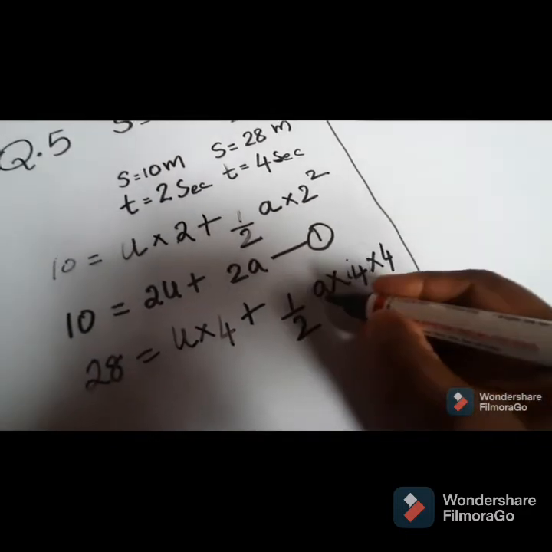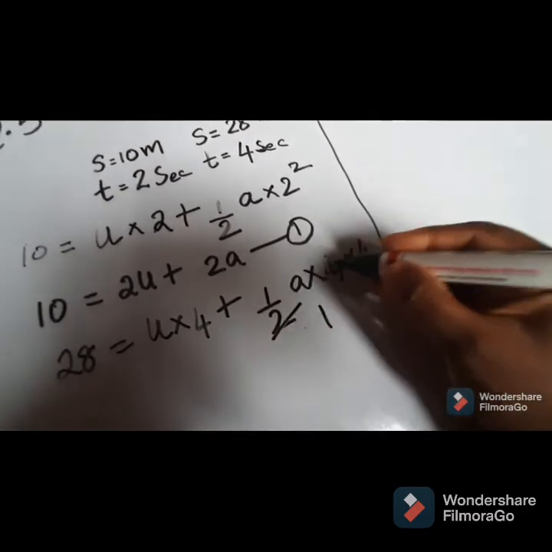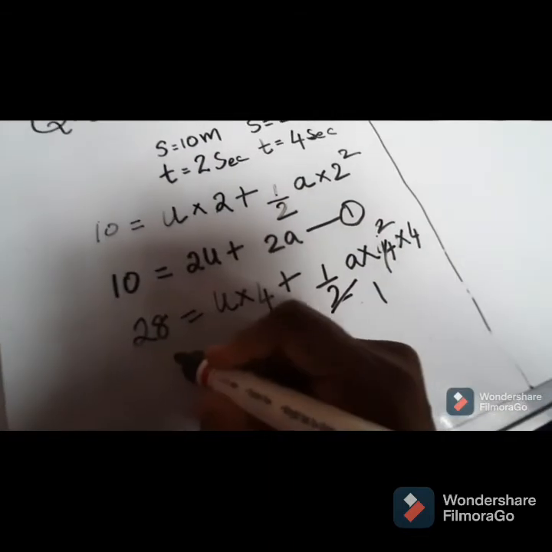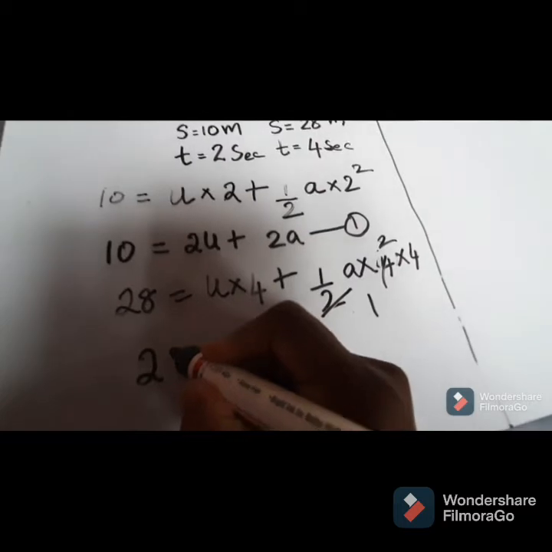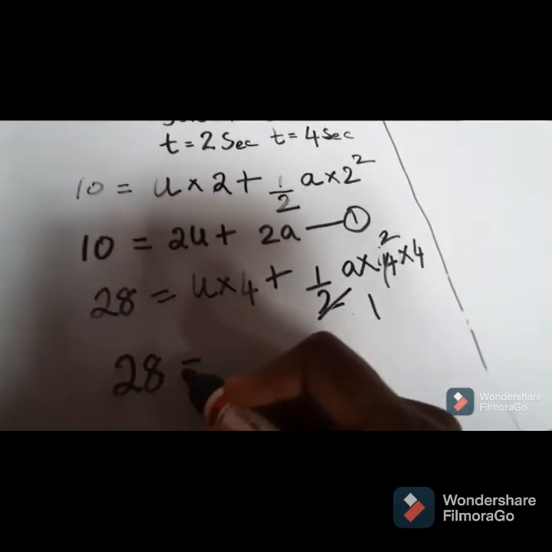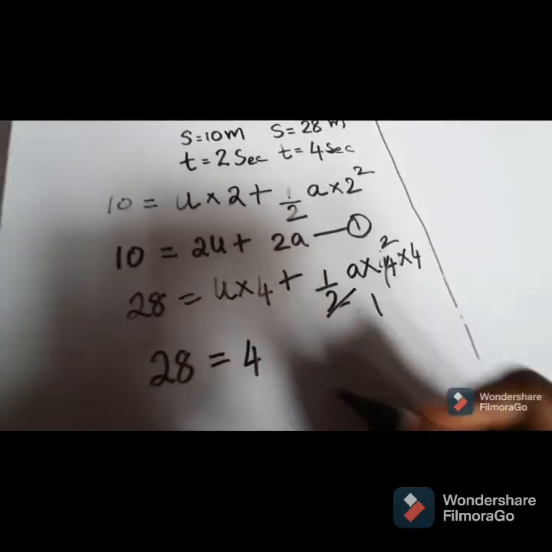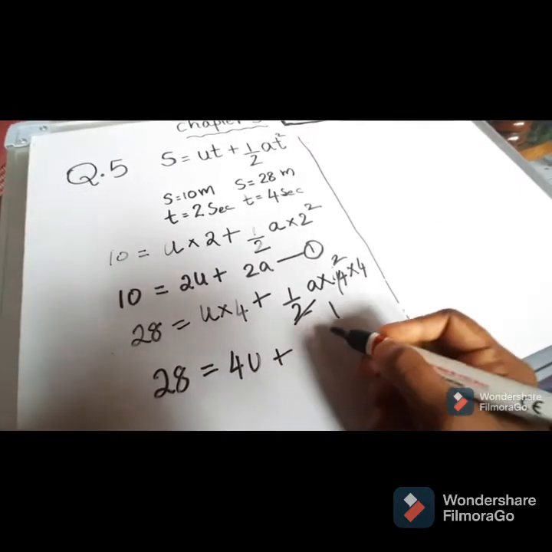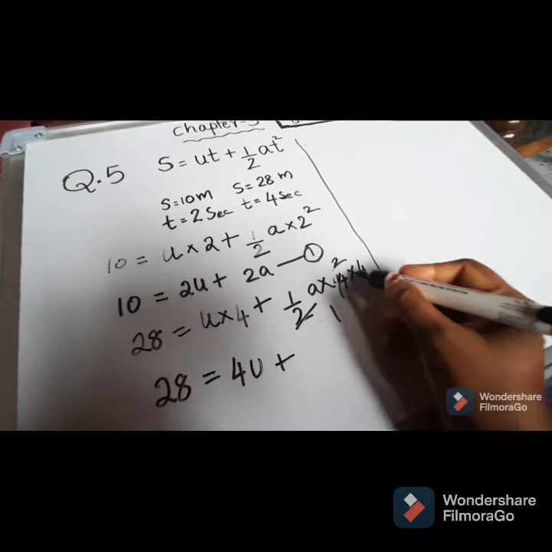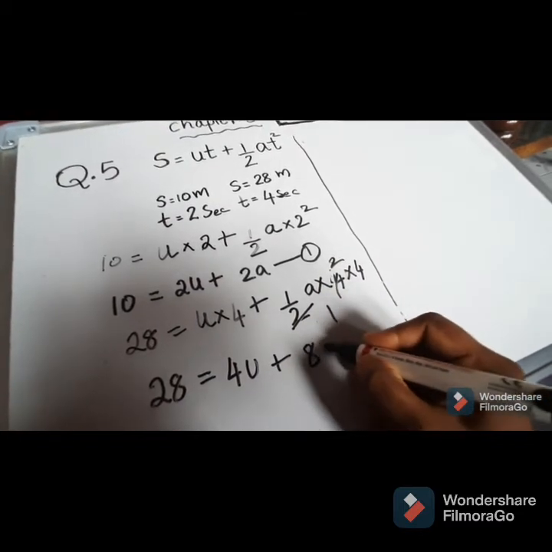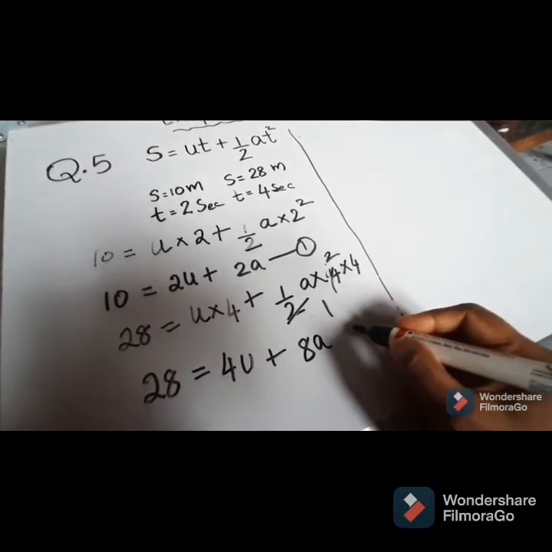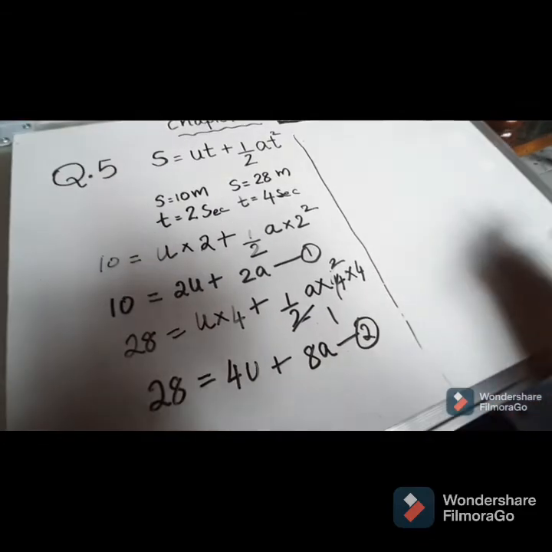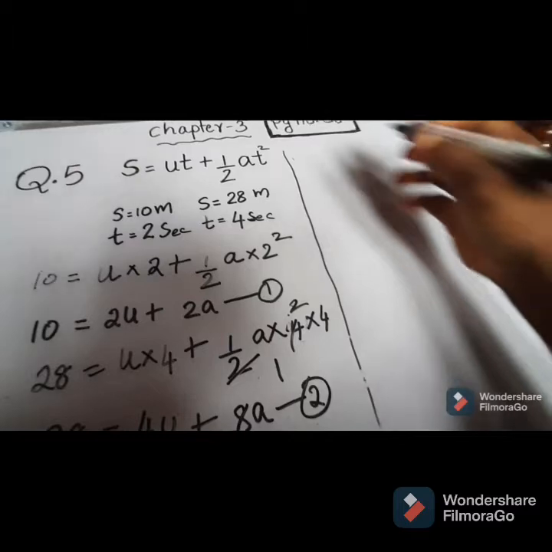Now we can cancel this 2 here one time. 2 2s are 4. Now we will get 28 equal to 4u plus 2 into 4, 8a. That is equation 2.